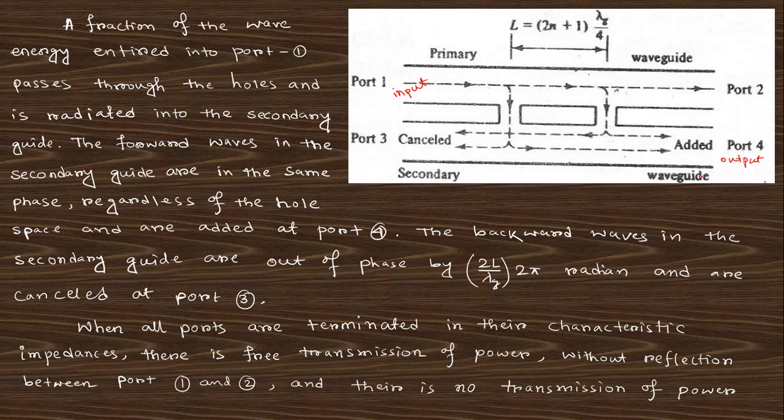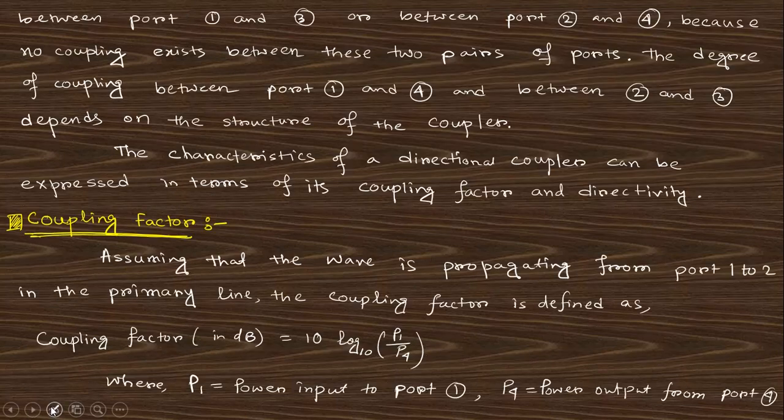So we get a parameter, the coupling factor, which is the ratio of input to output power: the power input from port 1 and the power output from port 4.